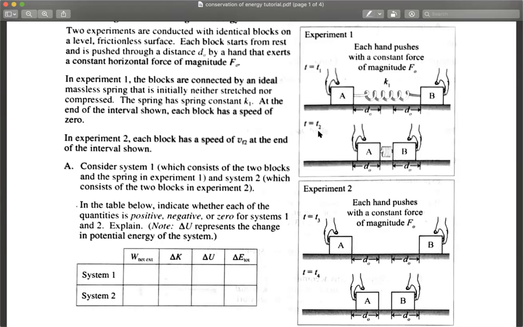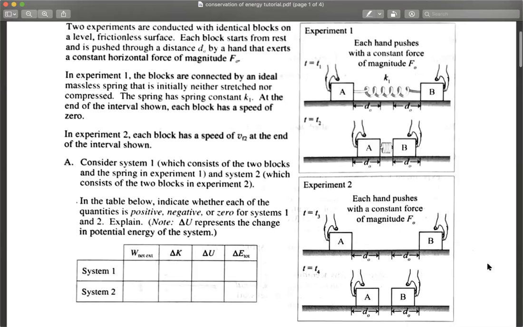So in both cases, the work was the same. It was positive because the blocks are moving in the respective directions that the hands are pushing. So in experiment one, that external work from the hands goes into potential energy of the spring, and in experiment two, it just goes into kinetic energy of the blocks.